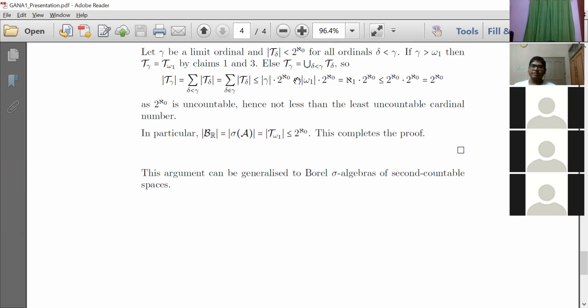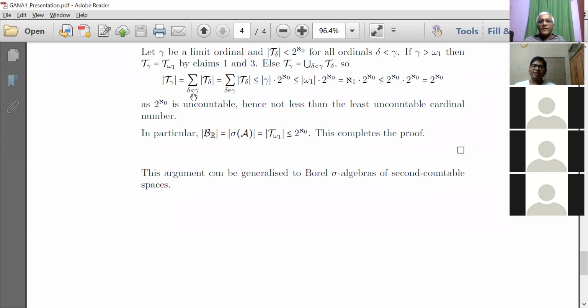Else, suppose we have a limit ordinal gamma that is less than or equal to omega 1. Then we use the definition, and each of these T deltas has cardinality less than or equal to that of the real numbers. So the cardinality of T of gamma is at most the summation of the cardinalities of the T of deltas, where delta is less than gamma.